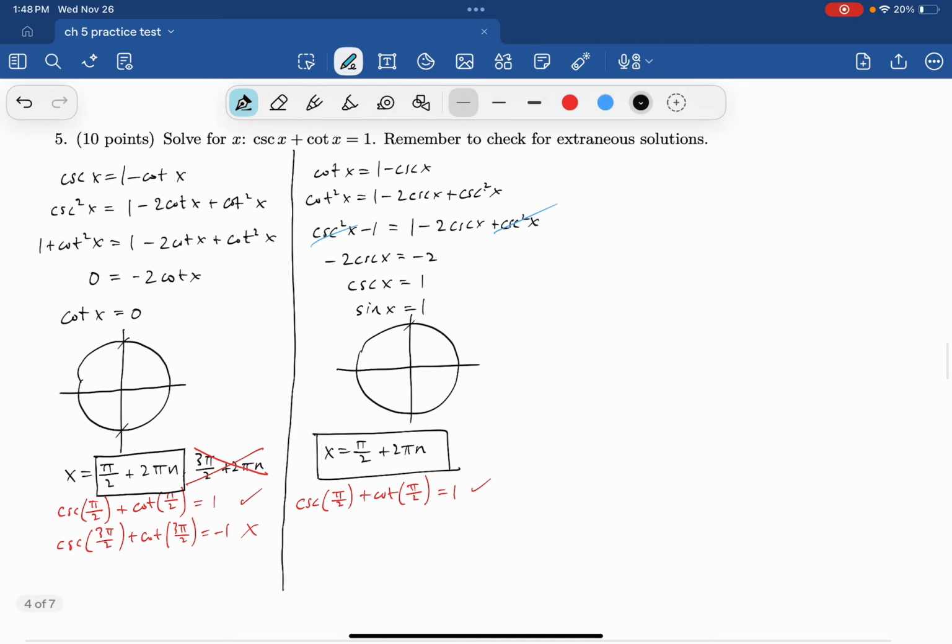Okay, so that's another way of doing it. Let me show you guys yet another way. We could have also converted both the cosecant and the cotangent to sines and cosines.